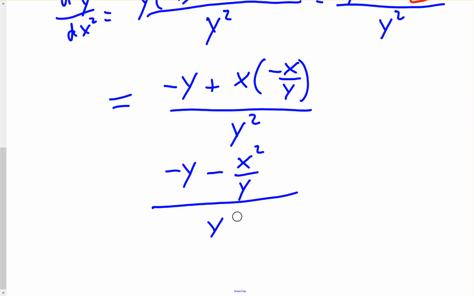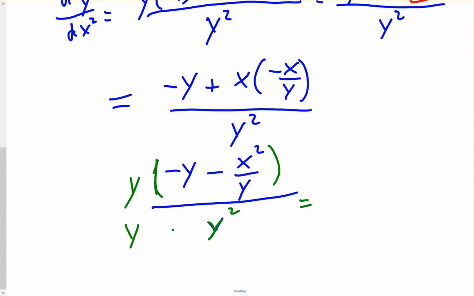I don't know why I made that y cubed, but that should be y squared. We were going to multiply top and bottom by y. Oh, I see, I was going a step ahead. If we multiply top and bottom by y, that'll still keep everything in balance. Whatever we multiply the top, we multiply the bottom.